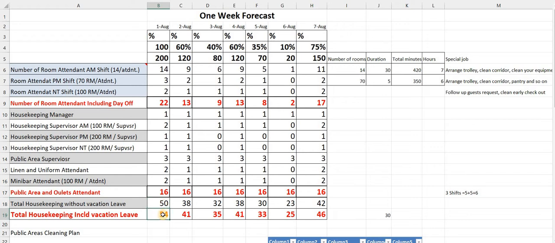When you add the vacation leave, how does the formula work? 54 room attendants means 50 multiplied by 11 multiplied by 12 divided by 11, you get 54 employees. This includes vacations, and you don't have any shortage of staff.